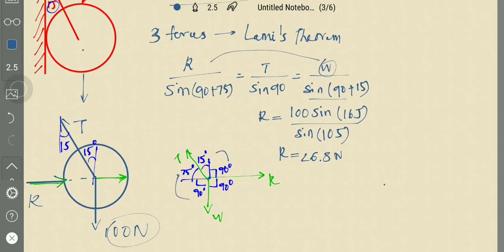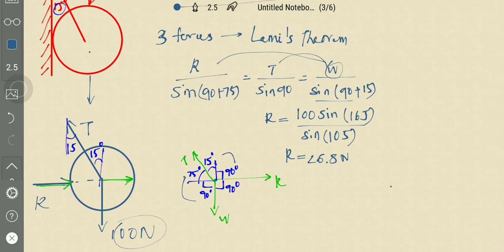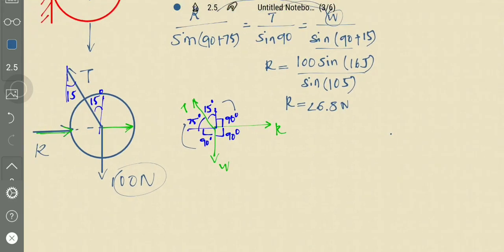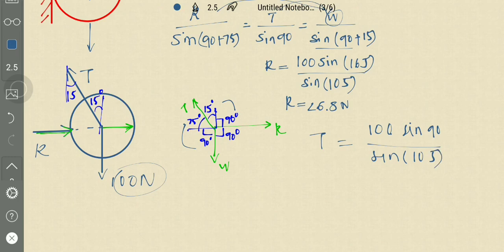If we consider these two, we will get the tension in the wire. T is equal to 100 sine 90 divided by sine 105.